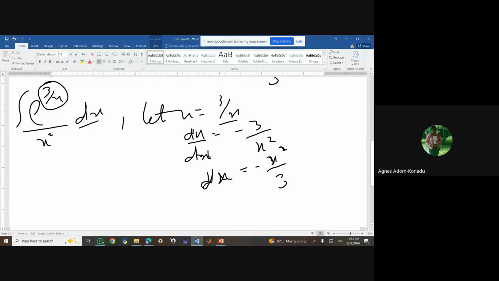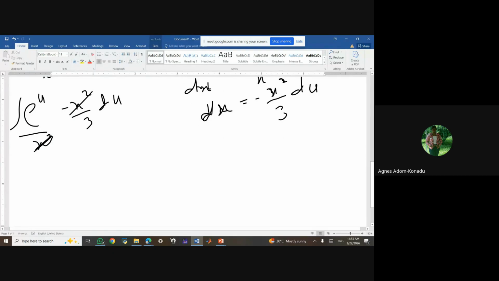So I'll go and do the substitution. So I have the integral e to the power u. My dx is minus x squared on 3. And then already I have x squared here. So the x will take care of the x here, so that I have -1/3 integral of e to the power u du.